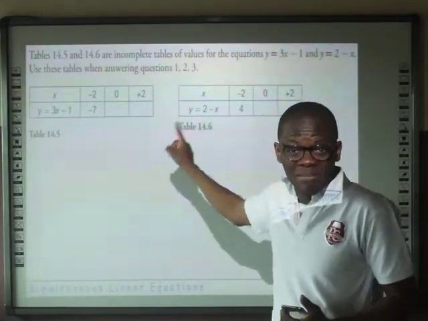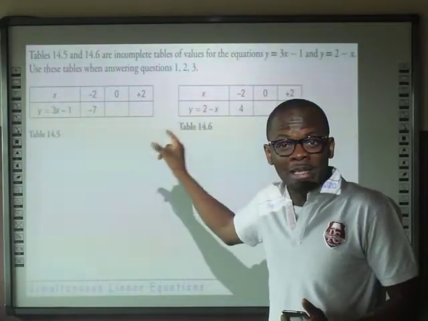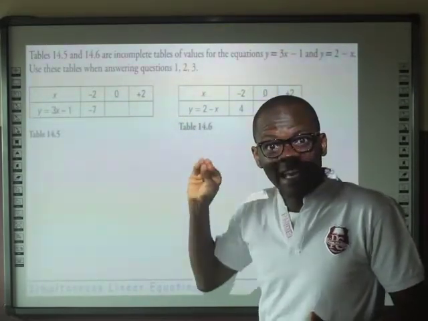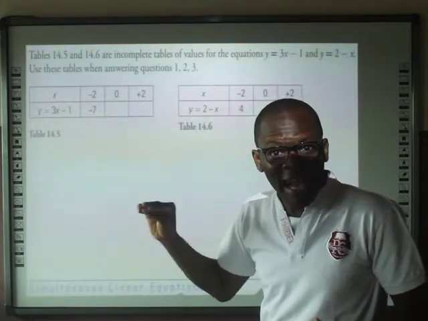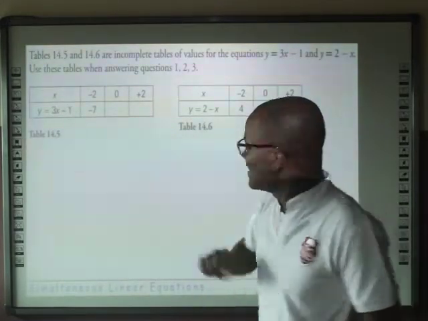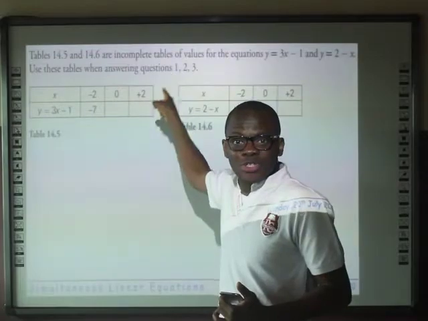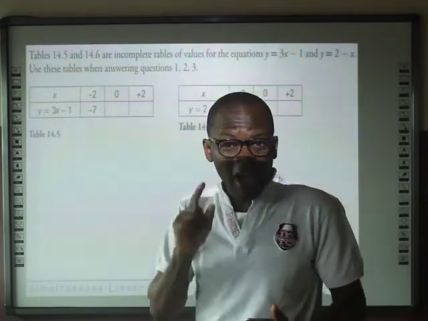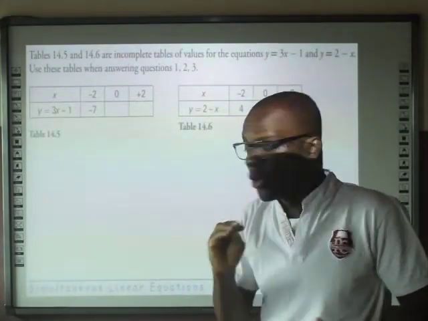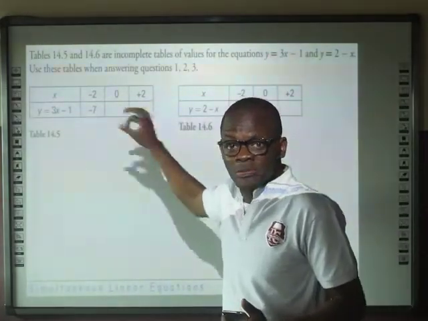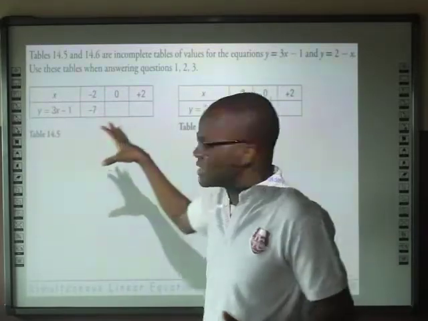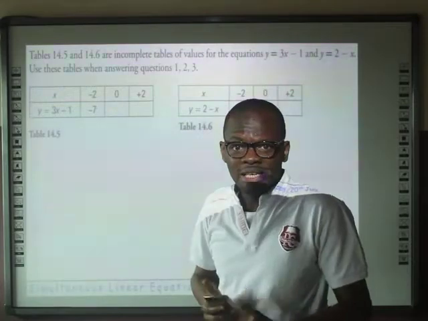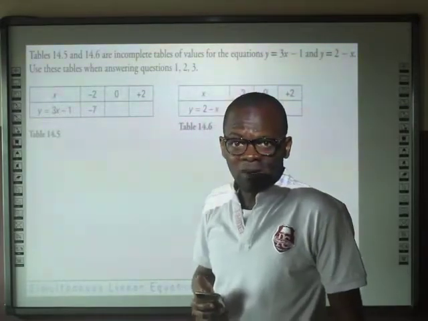Okay? And it's very important for you to complete the table with the correct values. Because of course, if those values are incorrect, then your answers to questions 1, 2, and 3 will be incorrect. So you have to be very careful and make sure the table of values for 14.5 and 14.6 are indeed correct.